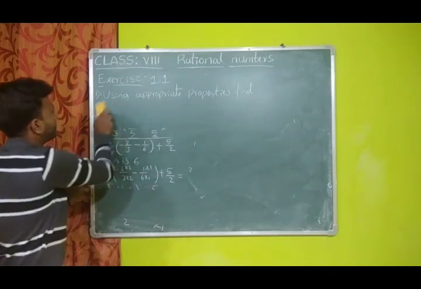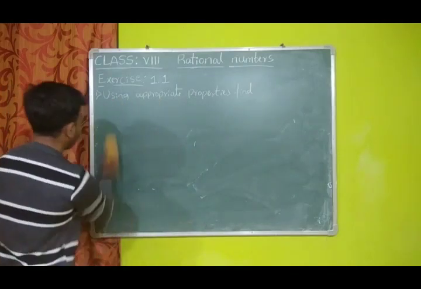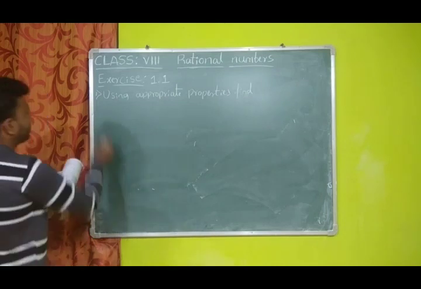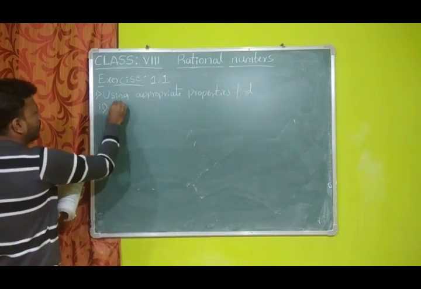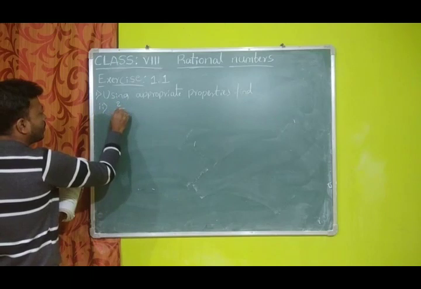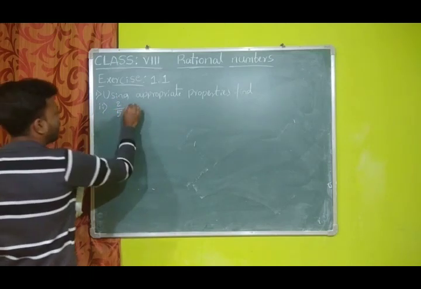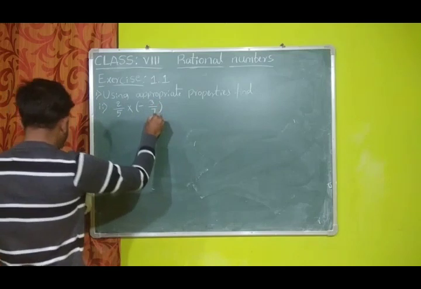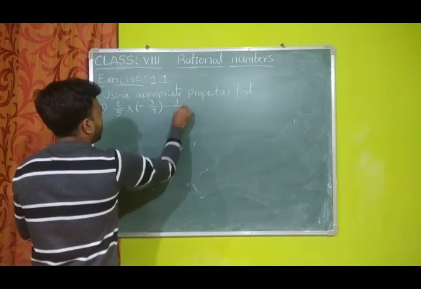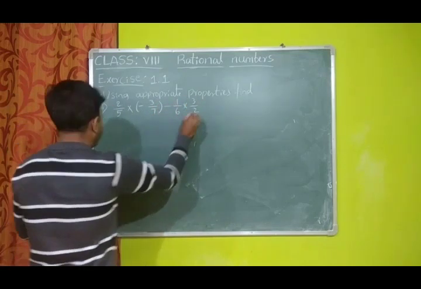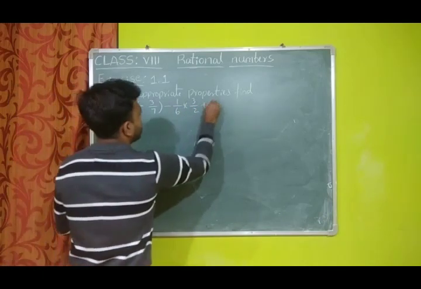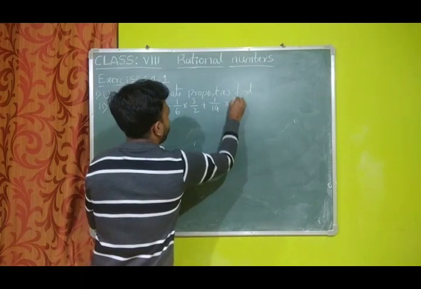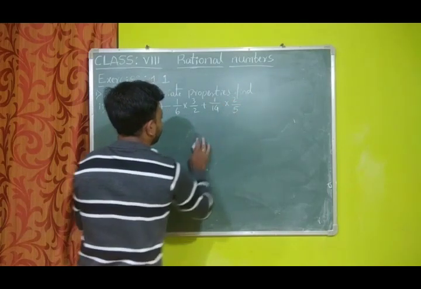The second one is also very simple actually. Second example: 2 upon 5 multiplied by minus 3 upon 7, minus 1 upon 6 multiplied by 3 upon 2, plus 1 upon 14 multiplied by 2 upon 5.